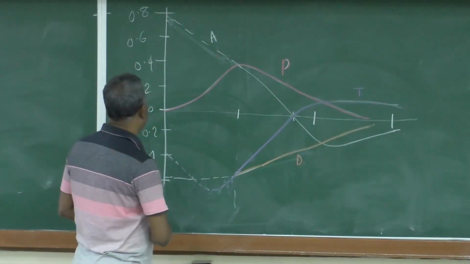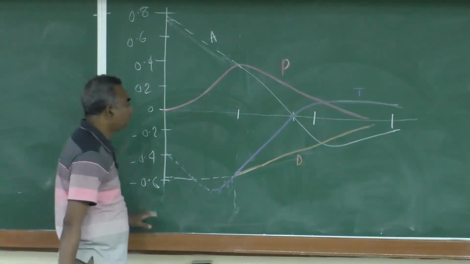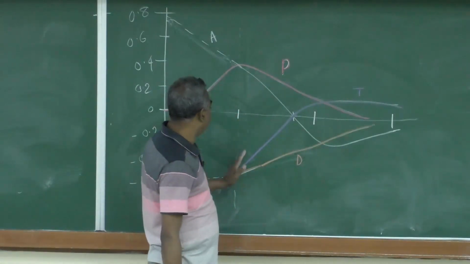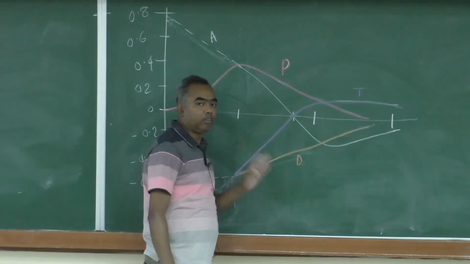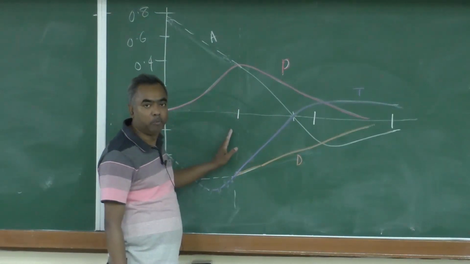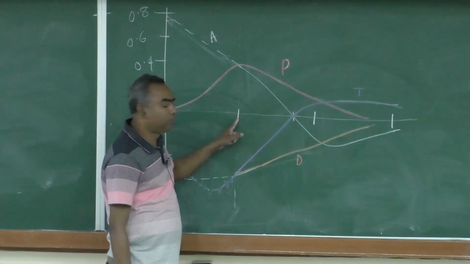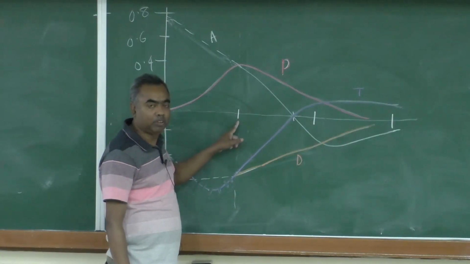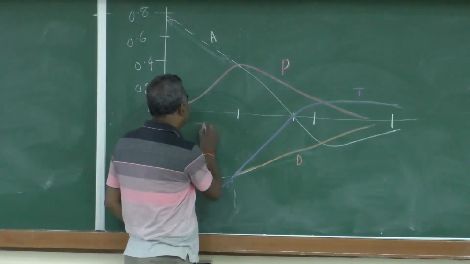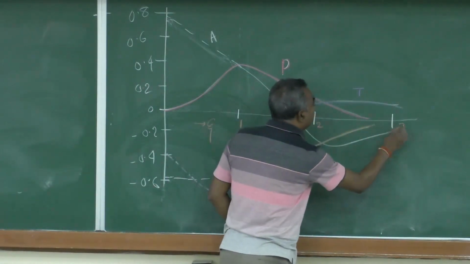Now we have to argue why this particular plot is like that. You see, we considered that our UV will be well correlated or can be expressed as 0.4 UT square after xi is equal to 1. So, this axis is xi. This is 1, this is 2, this is 3.